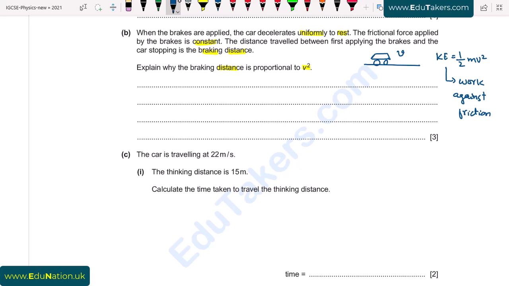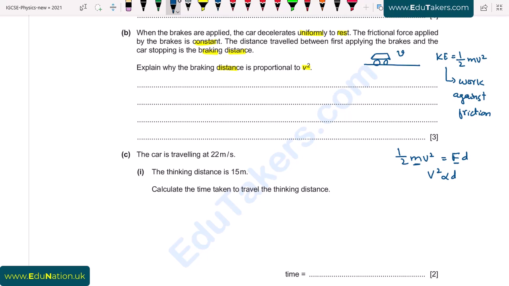And we can simply say that the kinetic energy is equal to half mv square, and work done is the product of force and the distance that the car travels. We know that the mass of the car is constant and the force is also constant. So here v square is proportional to d. It means that when we increase the braking distance, then v square also increases. The distance varies with the square of velocity.